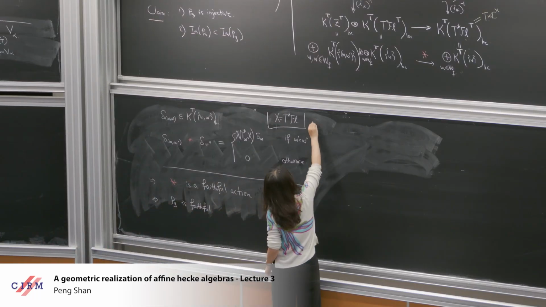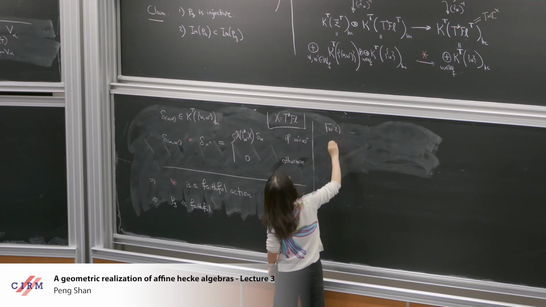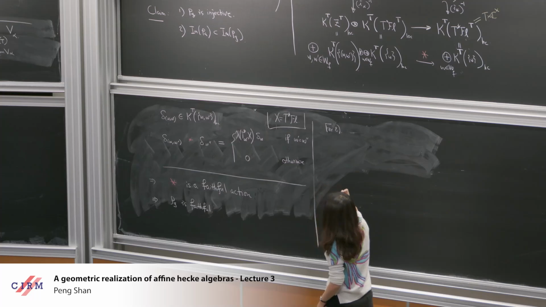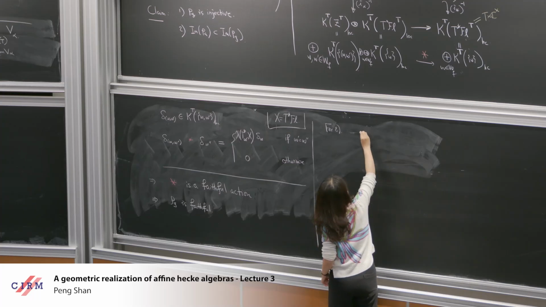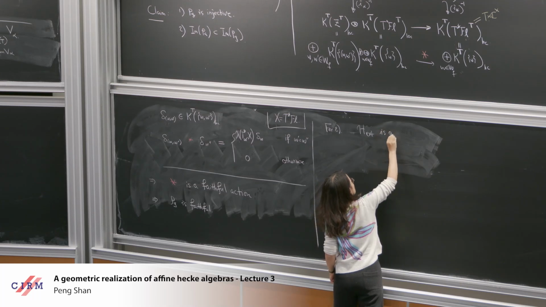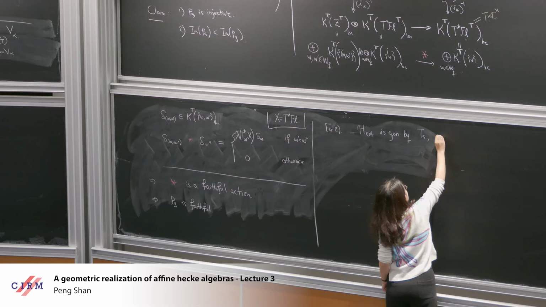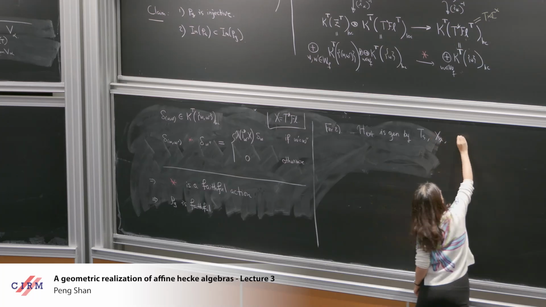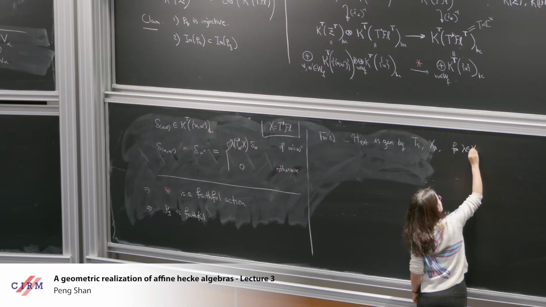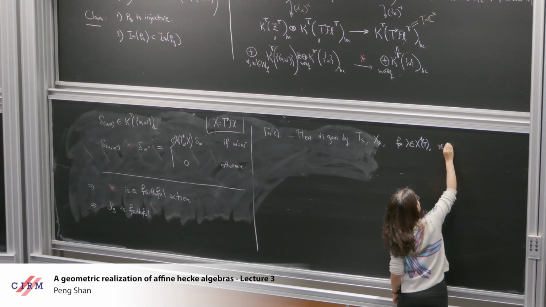For the second part, we want to show that the image of rho A lies in the image of rho G. But we know that this algebra is generated by T_s and x^lambda, for lambda in the character lattice of T, and s a finite simple reflection.